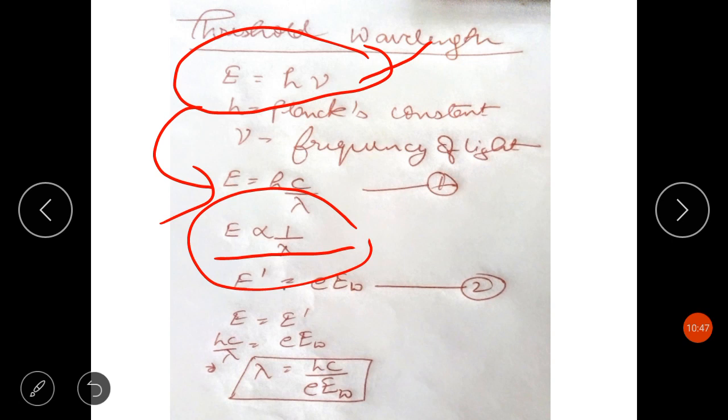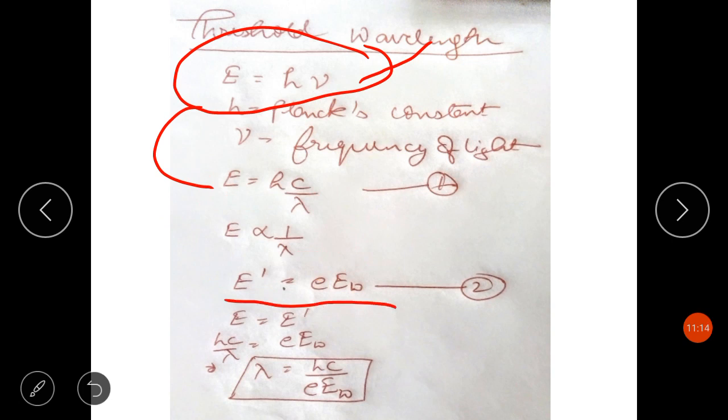So depending upon the wavelength of the light incident on a surface, the output of optical transducers will get affected accordingly. Now there is a threshold wavelength, a particular wavelength at which the energy imparted to the electron is equal to the energy required by the electron to be liberated or to be free. So you can say this E dash is equal to EW. What is this E dash?